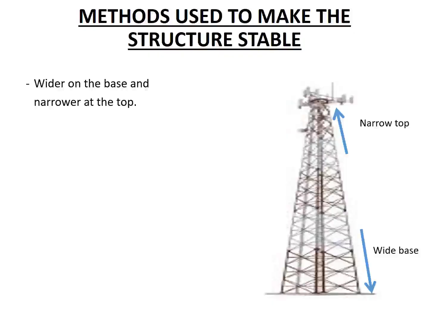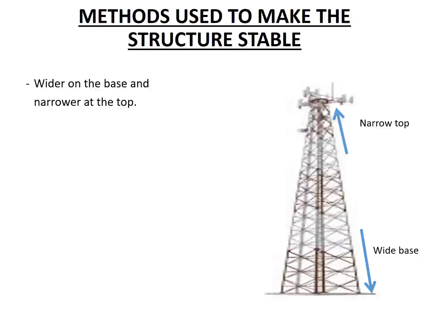Now, for graphic communication learners, you might think that there at the base is your station point, and there at the top is your vanishing point. No. This is the actual thing. It does not matter. You can measure the base and climb up the ladder and measure the distance right around your top.